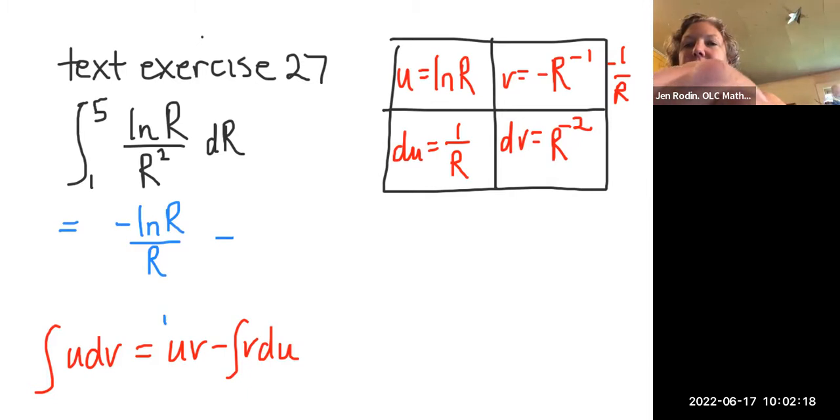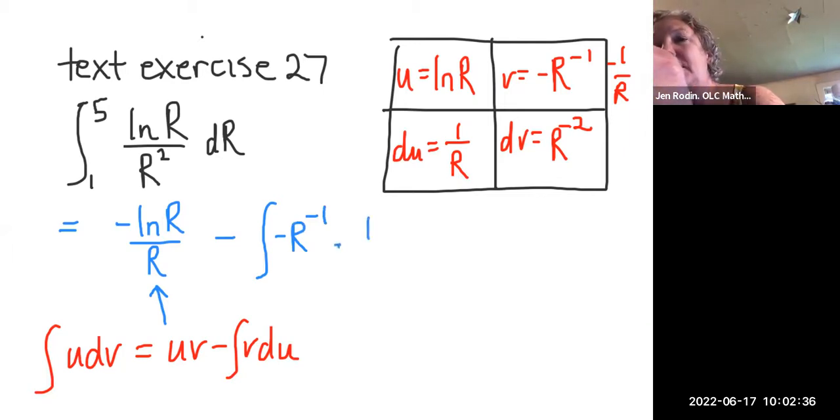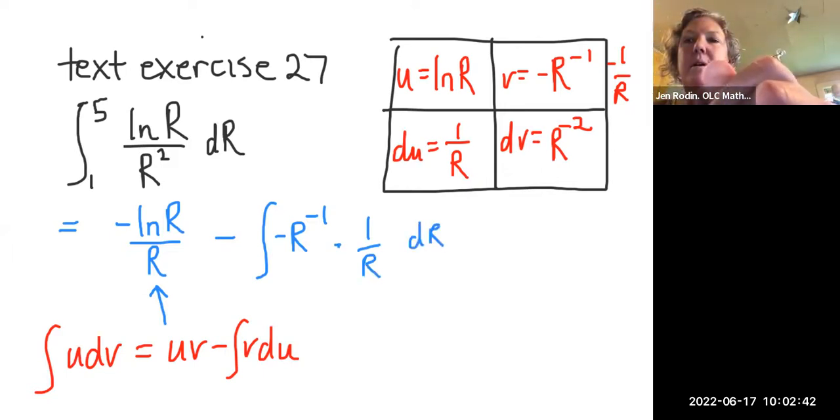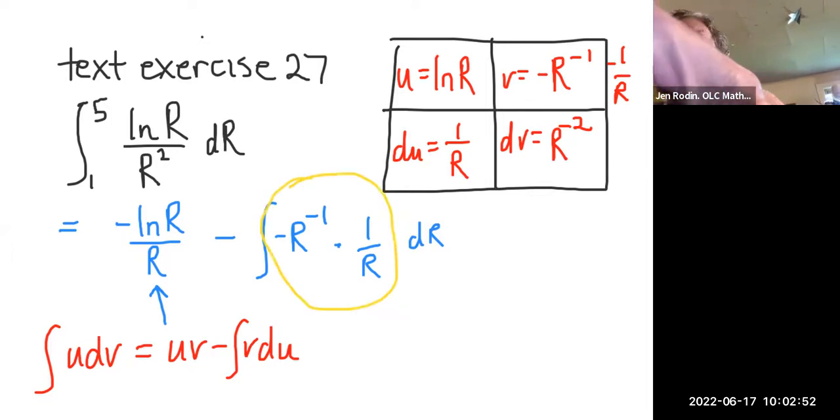So that's u times v, minus the integral of v times du dr. And so you can see before you even have to do the integral, you could combine these two ones. And this goes to a positive again, like before.